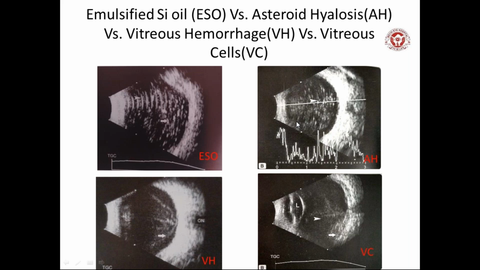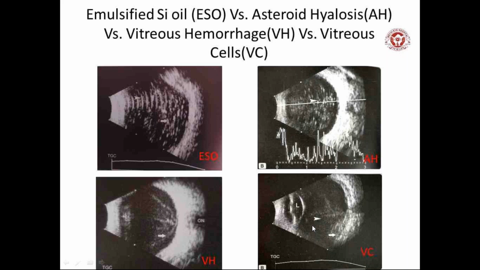Generally we get confused between fresh vitreous hemorrhage and vitreous cells. In vitreous hemorrhage, we have to measure the choroidal thickening. If choroidal thickening is normal, then it is vitreous hemorrhage, and if choroidal thickening is more than normal, then there will be vitreous cells.